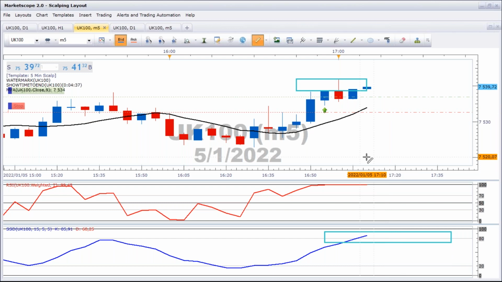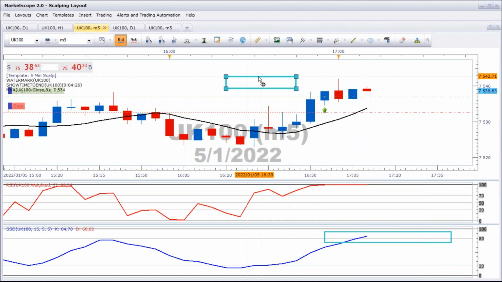Okay, so we started off at 15. We've gone right down to 4.3, right? I think we've done a good job there. Now keep an eye on that stochastic.